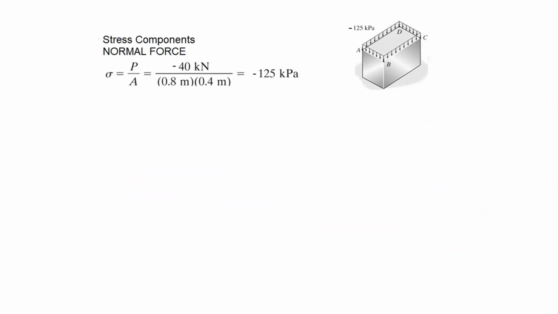So we have on the section A, B, C, D a normal force, a bending around X, and the bending around Y. Let's calculate the stress distribution due to these internal loads one by one.